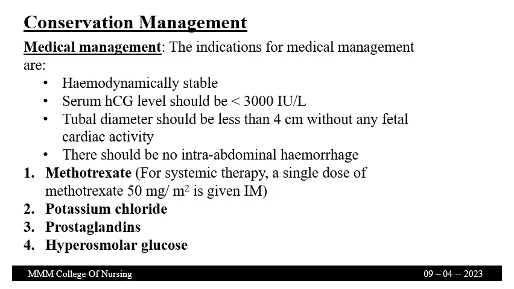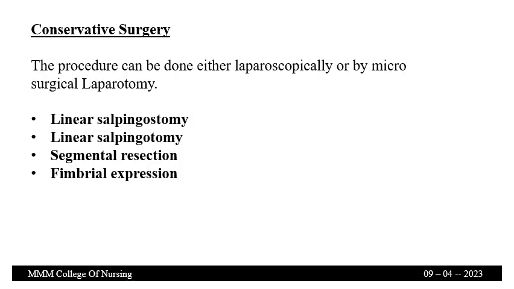Methotrexate for systemic therapy: a single dose of 50 milligrams per meter square is given intramuscularly, and potassium chloride should be given. Prostaglandins and hyperosmolar glucose can be given for conservative management.